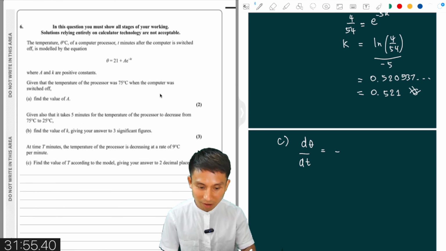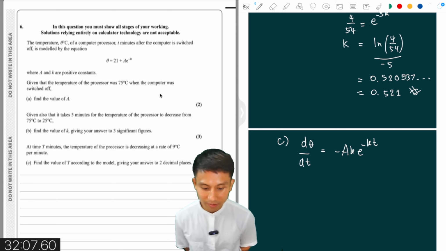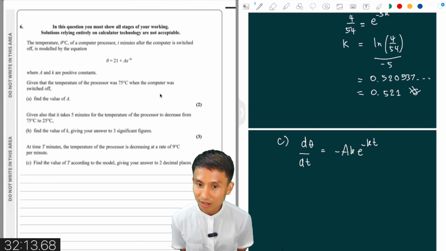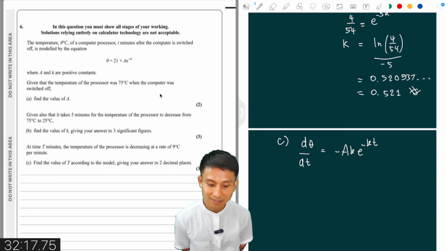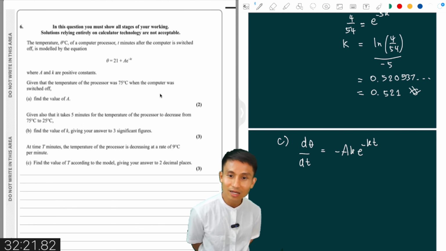So you have minus a e to the minus kt, and we have to pull k down, just the chain rule there. Okay, let's see. We got a to be positive. Is this already decreasing? Yeah, there is already a minus sign. But it says decreasing at the rate of 9. You got to correct this.